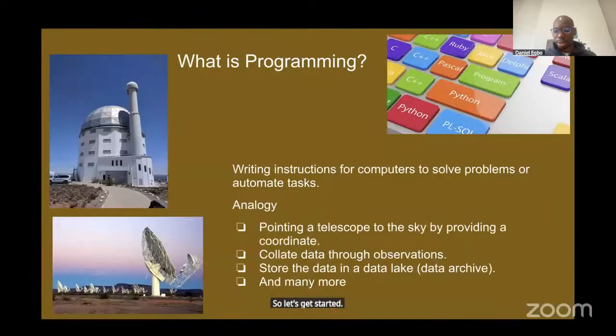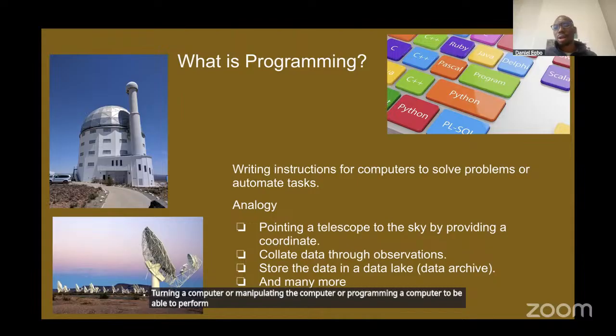So what's programming? Programming is a concept that has evolved over the years. But in a basic form, programming is the concept of utilizing a computer. It is the concept of writing instructions, telling a computer or programming a computer to be able to perform an action. A computer is an electronic device that has the ability to process information. It can exist in different forms.